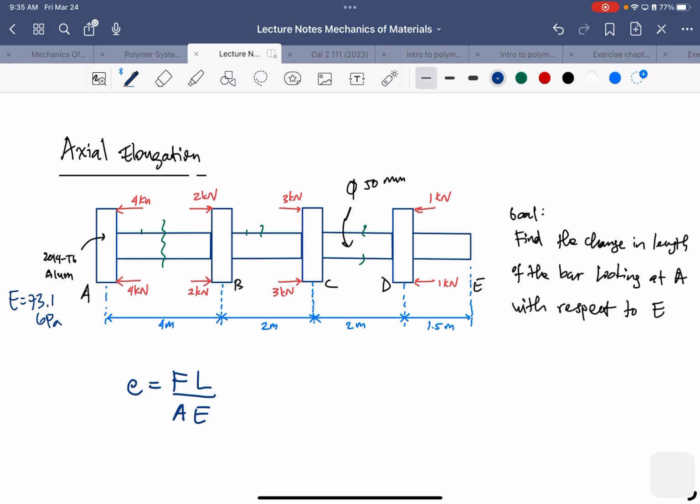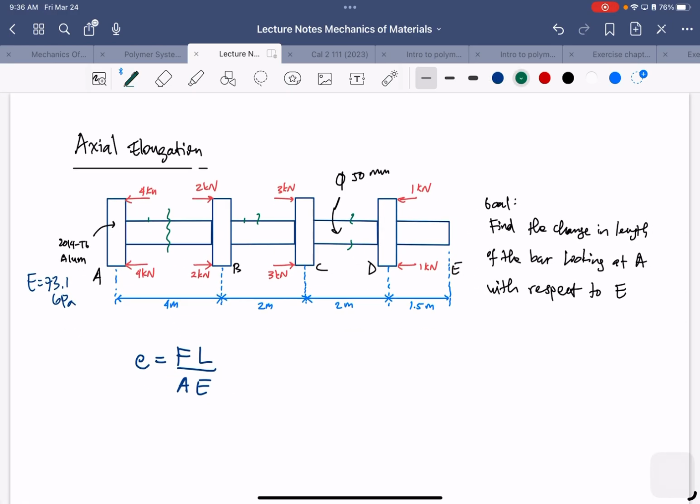So as you focus on working on this formula, you can take it one by one. It's quite straightforward. Now, if you do observations, let's say we have this member, all these members, and the ones that have elongation are just 1, 2, 3, because of the force going around.